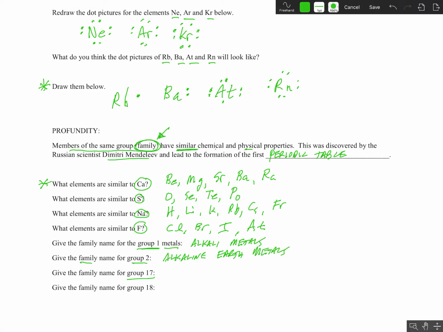Group 17, these are called the halogens. Maybe you've heard that name before. And the family name for group 18, they are all called the noble gases. I bet you've heard that name before.